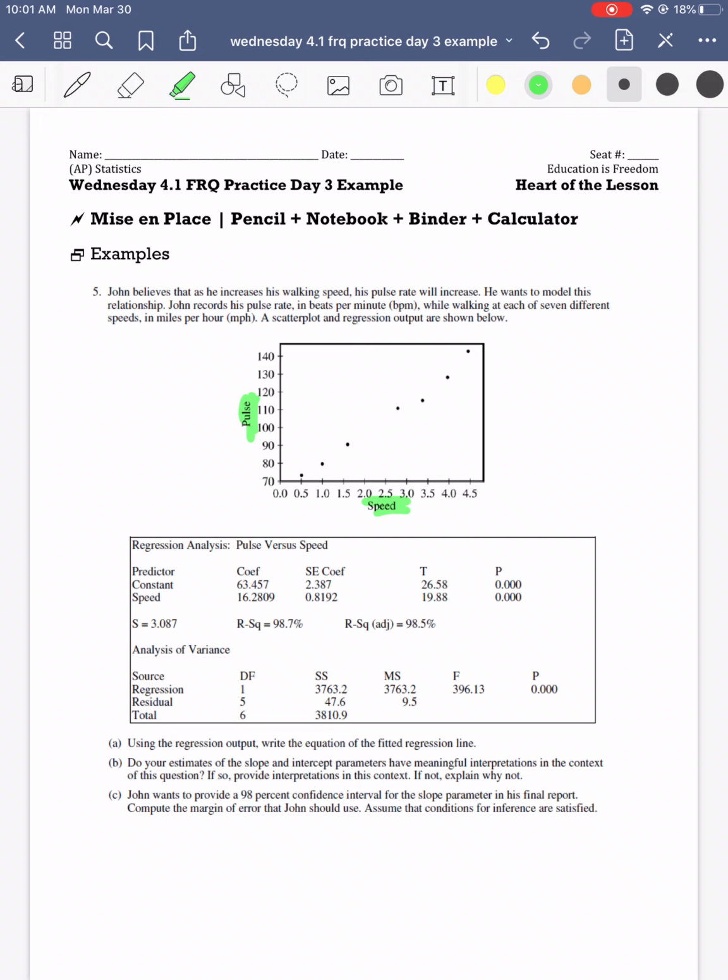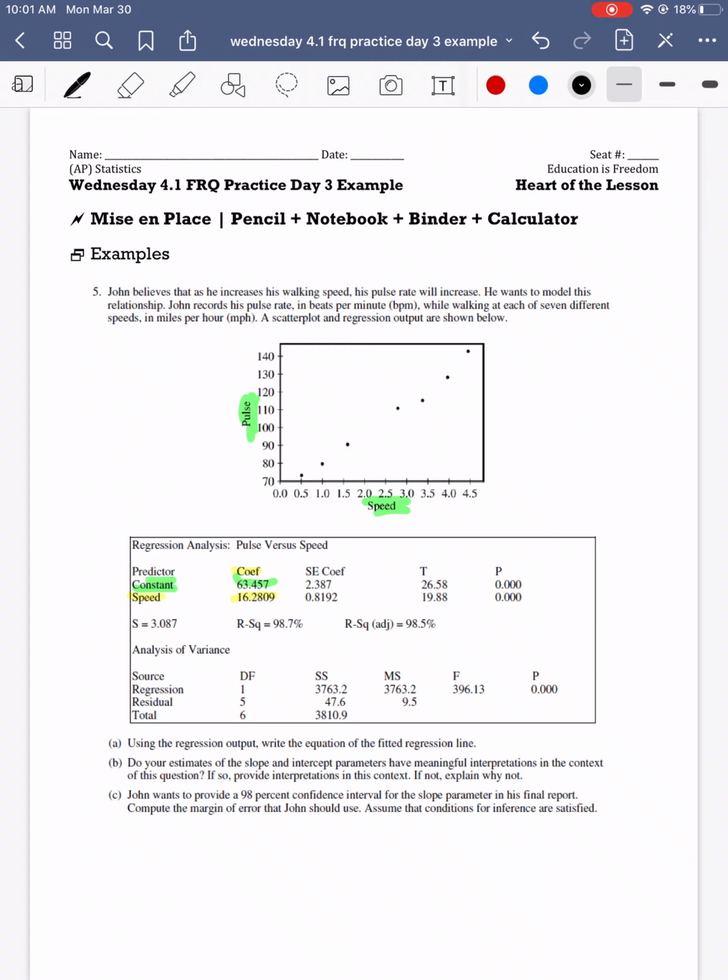To write an equation, I need the slope and the y-intercept. The slope is located where it says coefficients, next to the variable. This is my slope, and the constant here is my y-intercept.